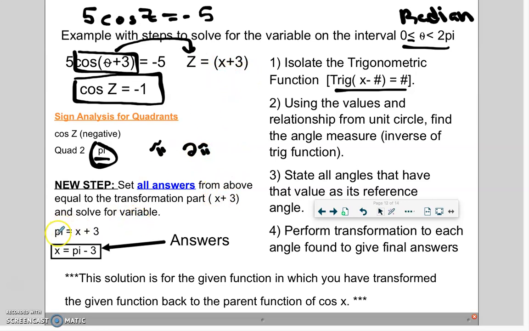So here I took my solution that I found, pi, and I set it equal to x plus 3. And I solve for x because I'm looking to see what value of x is going to make this statement true. Then I subtract 3 and I get x is equal to pi minus 3. Or in other words, 3.14 minus 3, which is roughly 0.14. 0.14 is roughly what I'm going to be able to plug into this solution for theta and get -5.